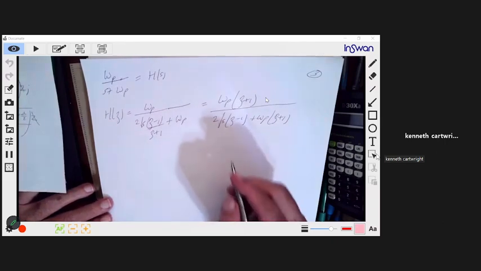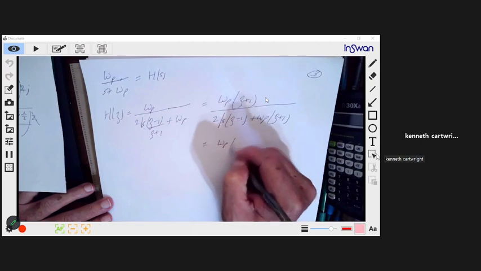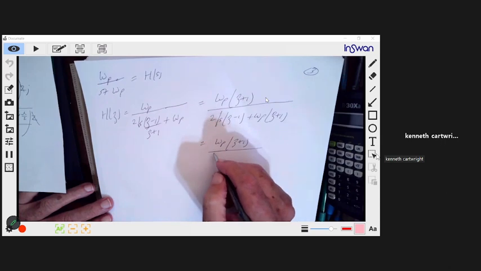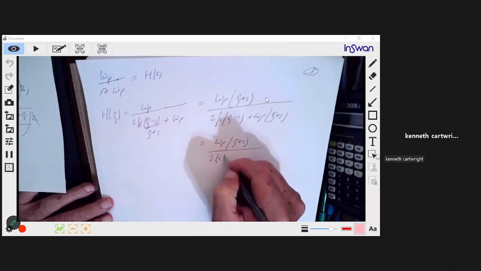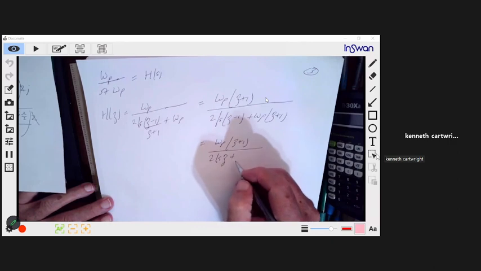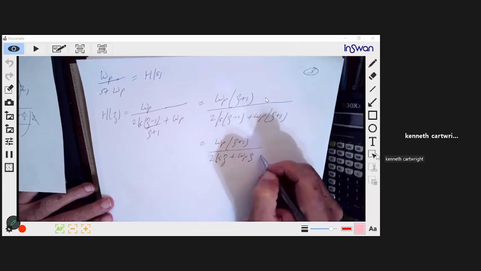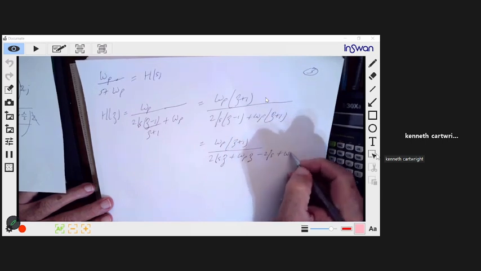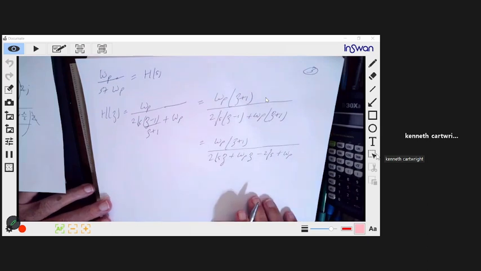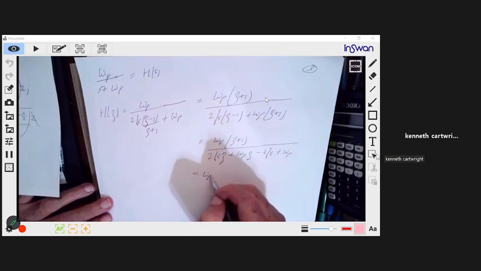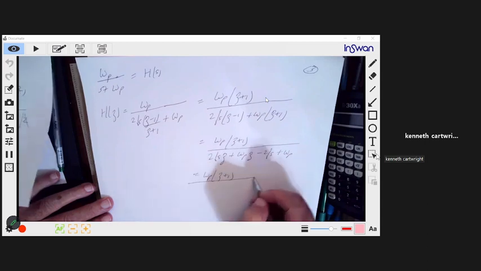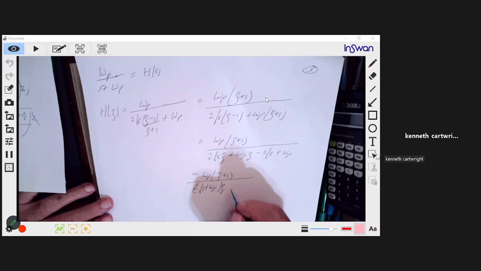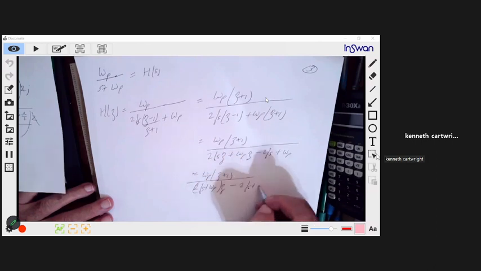So this is omega p, Z plus 1 over 2fs z plus omega p z minus 2fs plus omega p, or omega p over z plus 1 over 2fs plus omega p times z minus 2fs plus omega p.